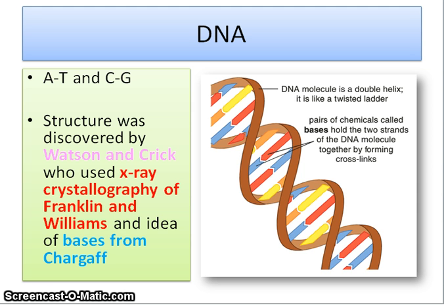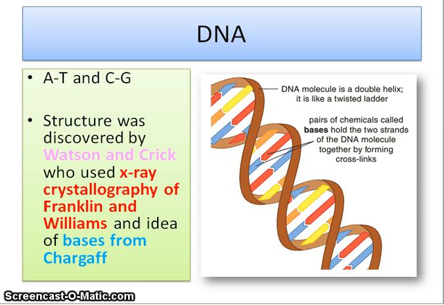Rosalind Franklin at King's College in London obtained X-ray data which showed that a DNA molecule consisted of two chains wound into something called the double helix. It's a bit like a ladder that you twist. Watson and Crick used her data and help from chemist colleagues to build their model of DNA, a double helix with pairs of bases forming cross links.